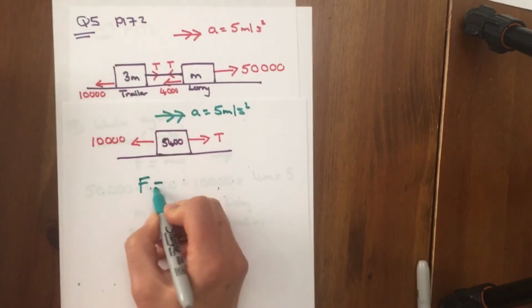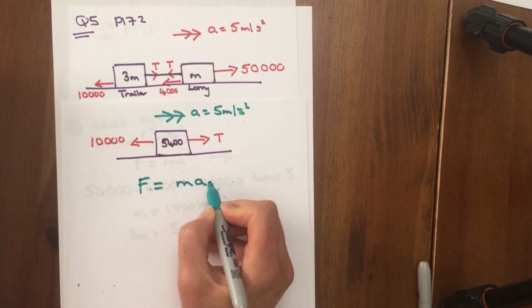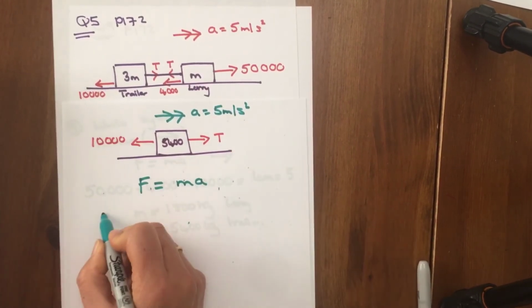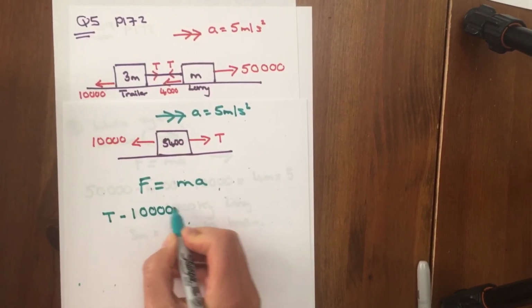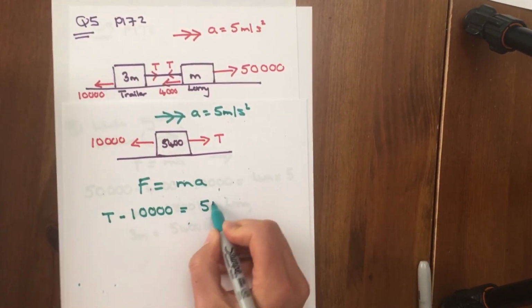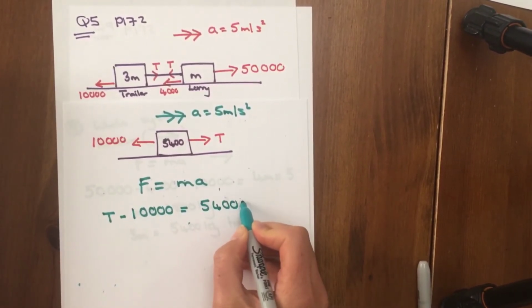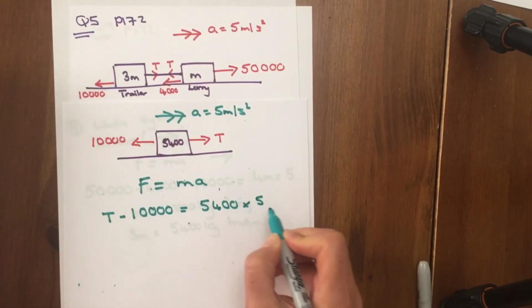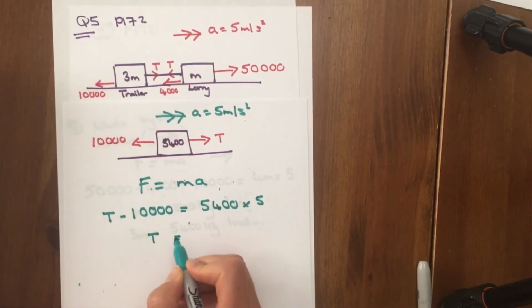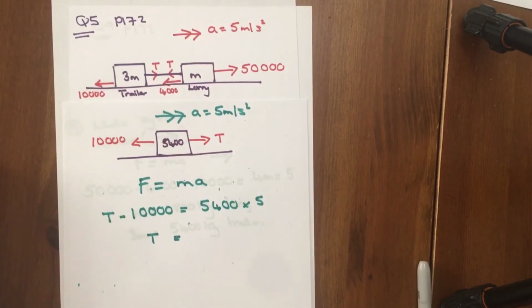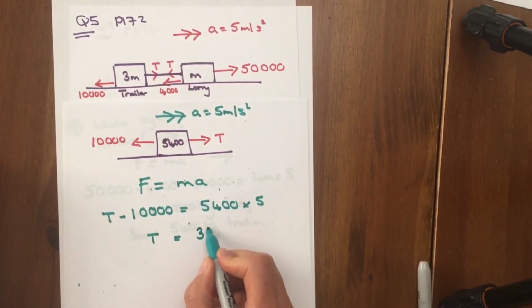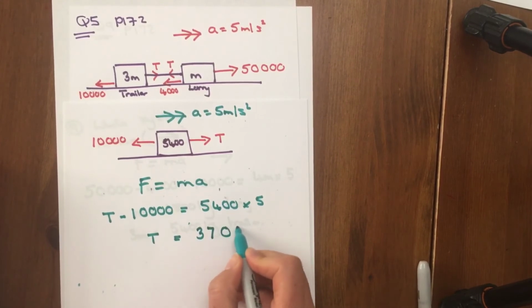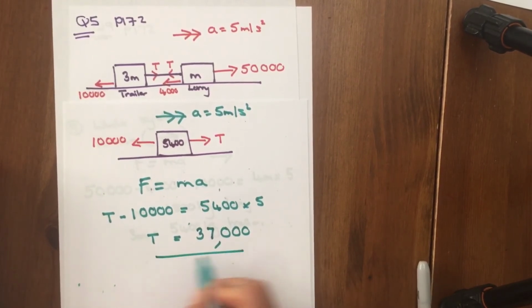So F equals ma. So T will be positive, 10,000 will be negative, equals my mass times my acceleration. And if I work out T, this will become 37,000 as my answer.